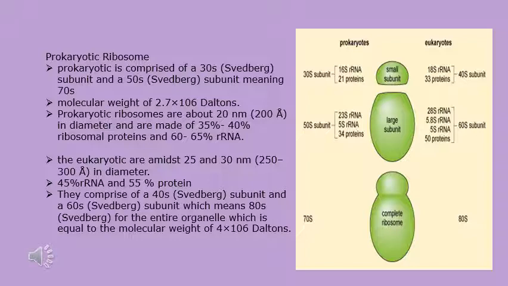There are 4 types of ribosomal RNA here, that is 18S, 28S, 5.8S and 5S. The smaller subunit has 18S ribosomal RNA, whereas the larger one contains 28S, 5.8S and 5S ribosomal RNA.